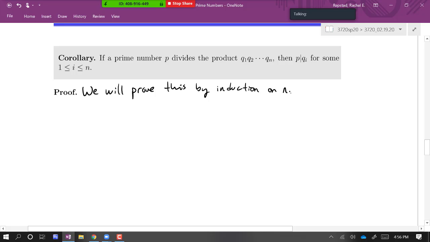If n is equal to 1, then the statement is clearly true. Because the statement is if P divides Q1, then P divides Q1. And that's obviously true. So now for our induction step, let's suppose it's true for some n equals k.